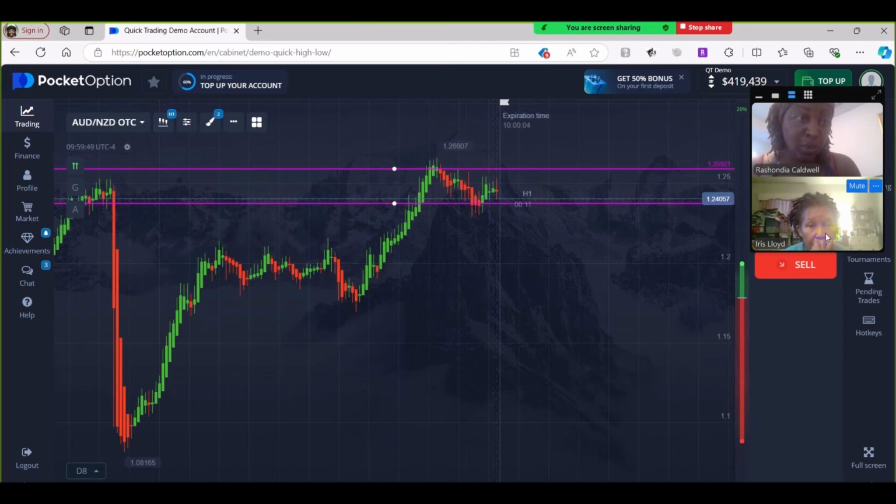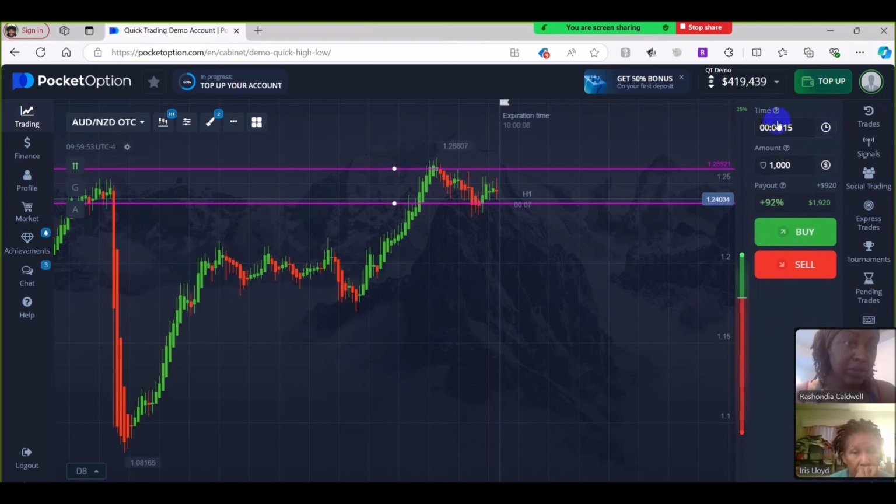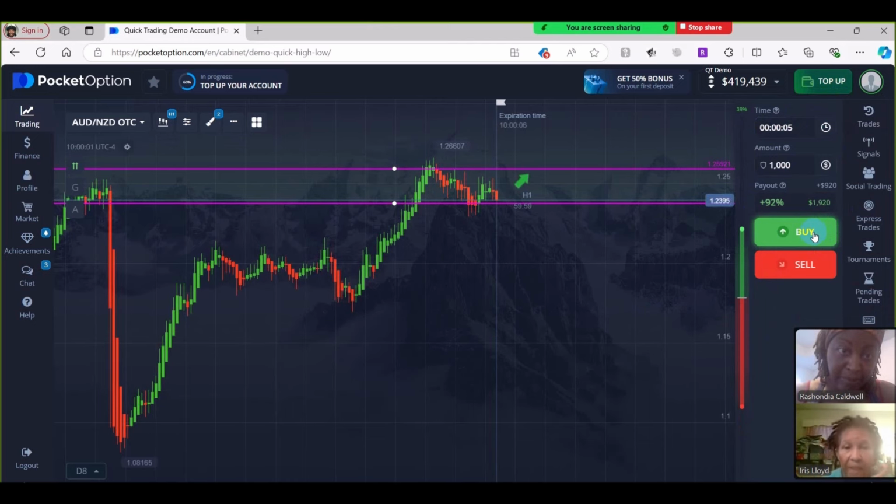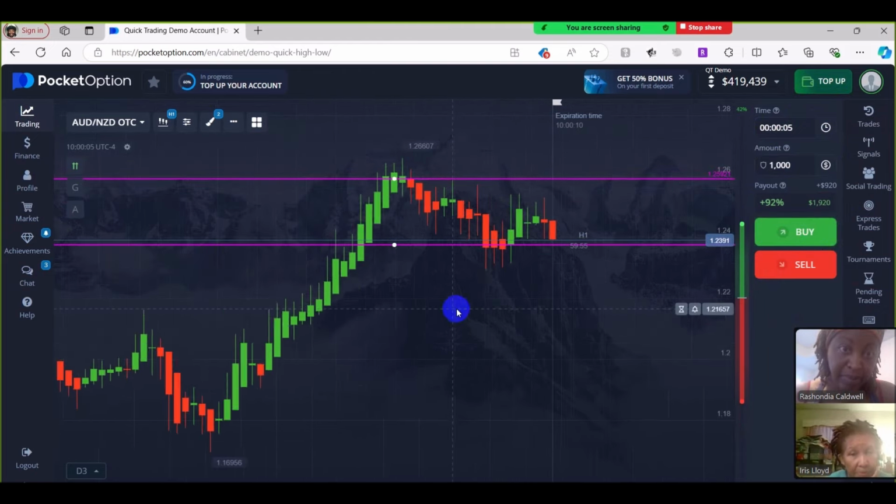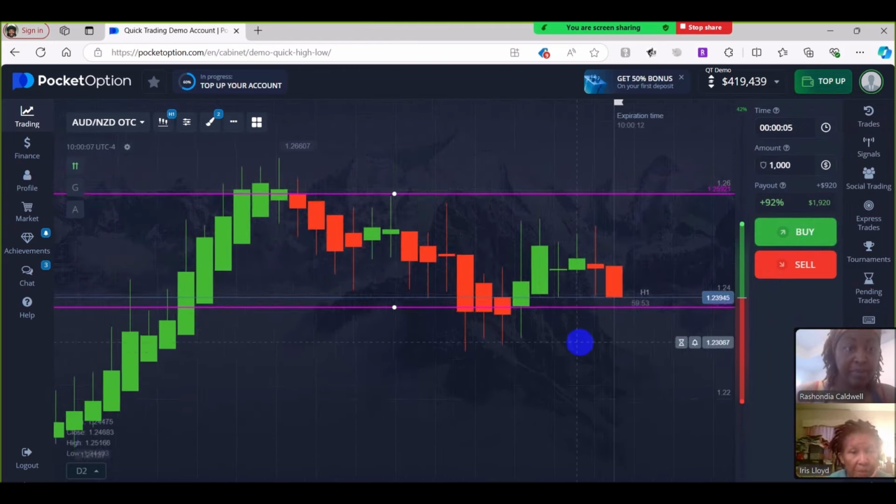You see it's working off of that one. So if we take a sell off of that, I'm in a buy. Make your candles a little bit bigger, just a little bit. Yeah, that's fine.